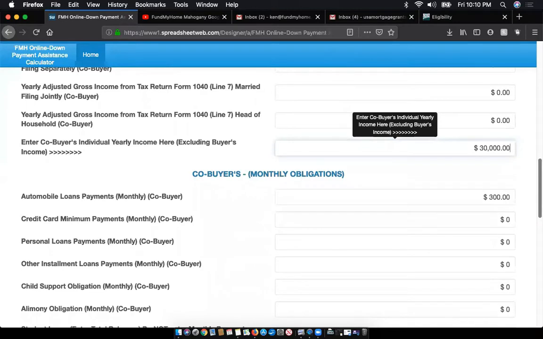And then you will enter where it says enter co-buyer's individual yearly income here, excluding buyer's. So we said that they were earning together 85,000, and the buyer's income was 45, and this will be 40. So a total of 85,000.